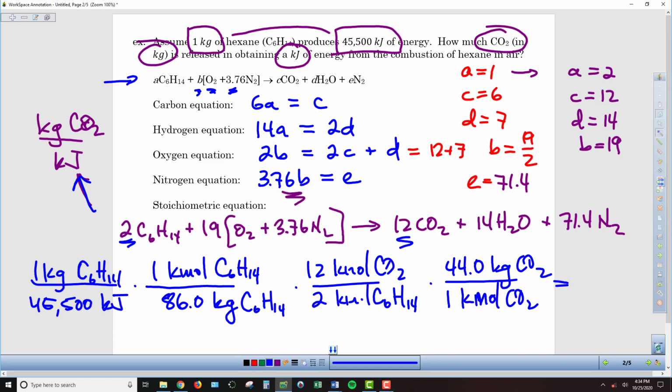And so now this is just a multiplication and division question. We're going to push buttons on our calculator. And so we eventually end up with a result of 5.08 times 10 to the negative 5th kilograms of carbon dioxide released per kilojoule of energy when you're burning hexane.